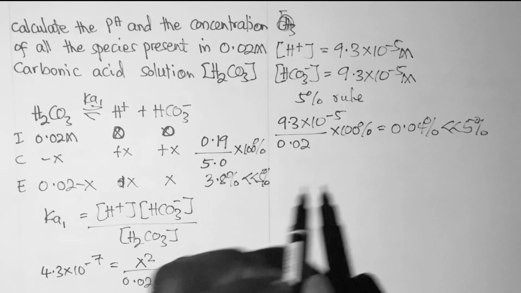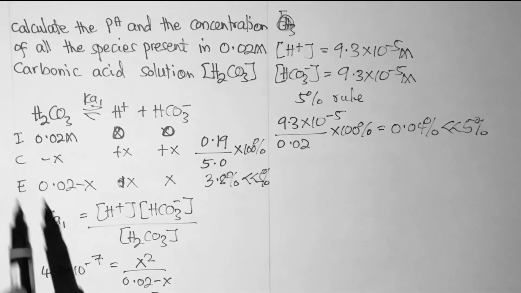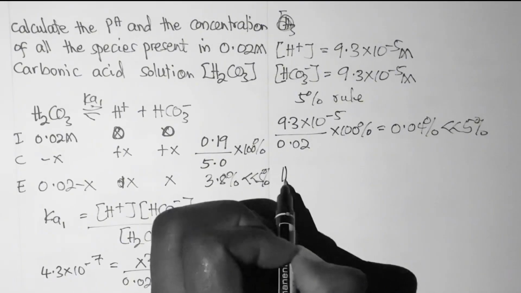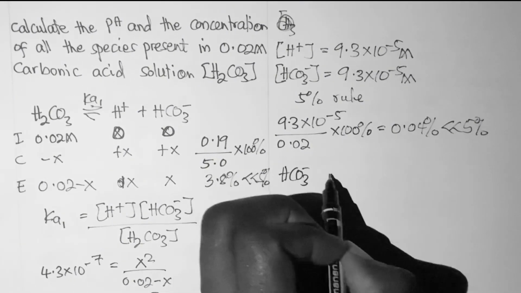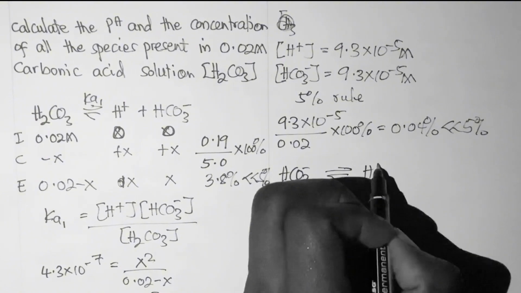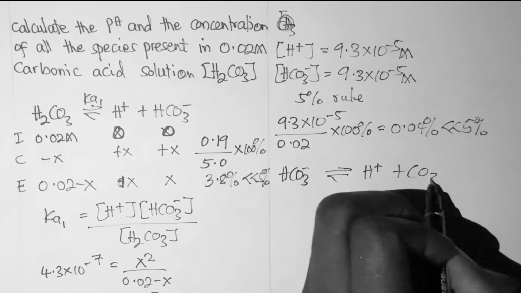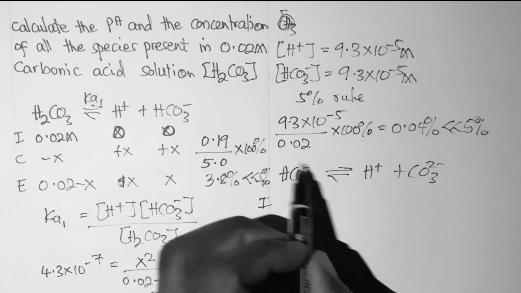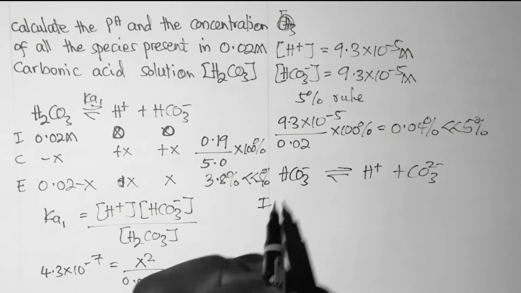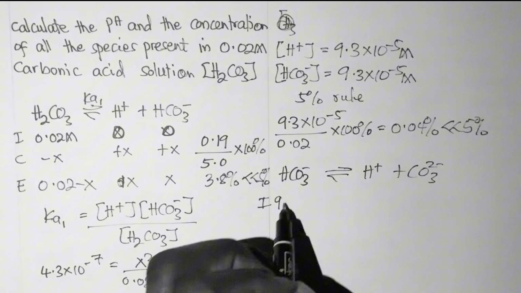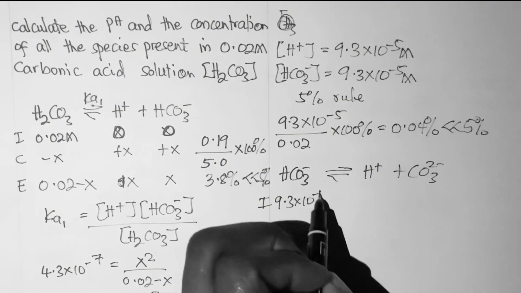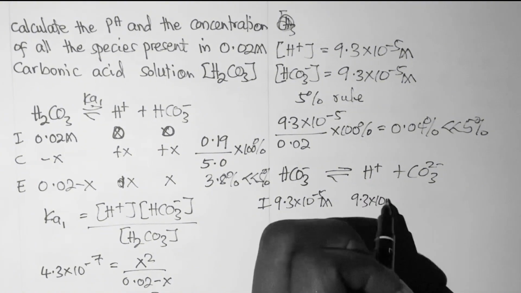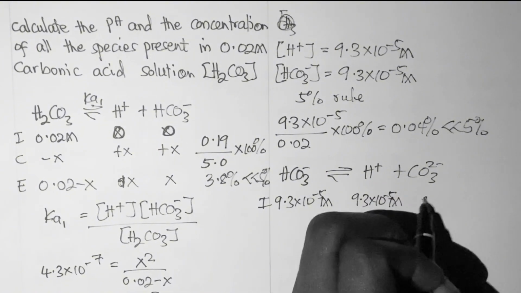So now let's write the second acid dissociation for carbonic acid. The HCO3 minus ion will dissociate again in solution to give us H plus ions plus CO3 2 minus ions. The initial concentration for this, remember we already got as 9.3 times 10 exponent minus 5 molar, and this is also 9.3 times 10 exponent minus 5 molar, and here is 0.